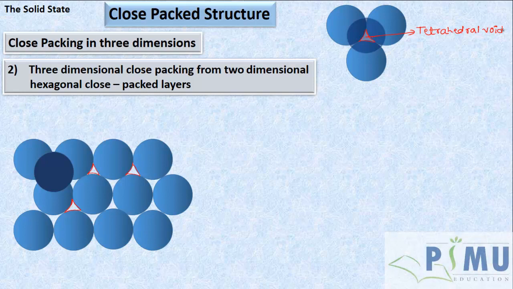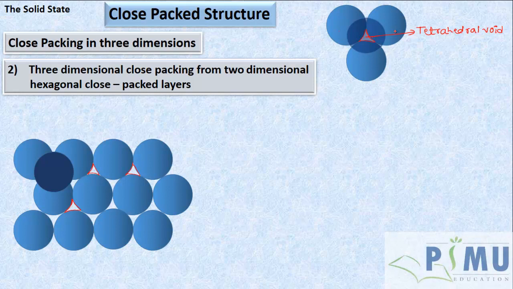You know what is the significance of this tetrahedral void? If the crystalline solid is an ionic crystal, then these particles are similar to anions, and inside this void, that means space, cations will be present, because cations are smaller in size, anions are bigger in size, and these particles are analogous to anions.